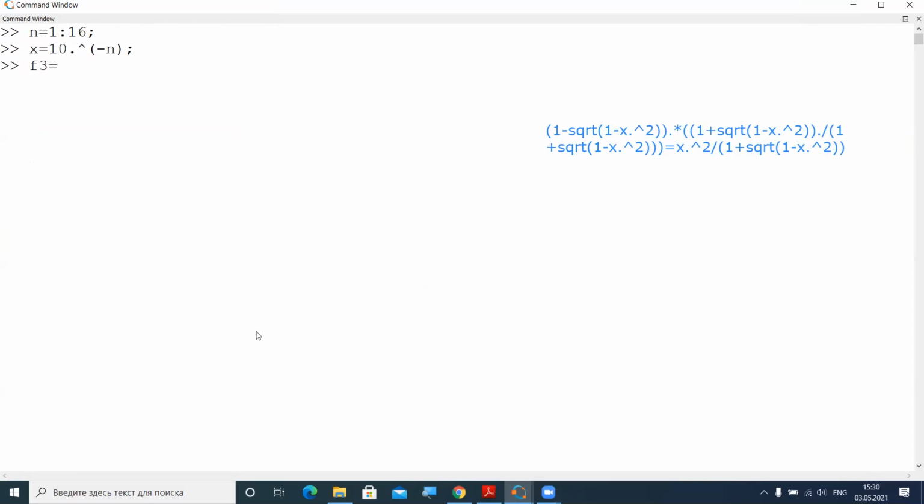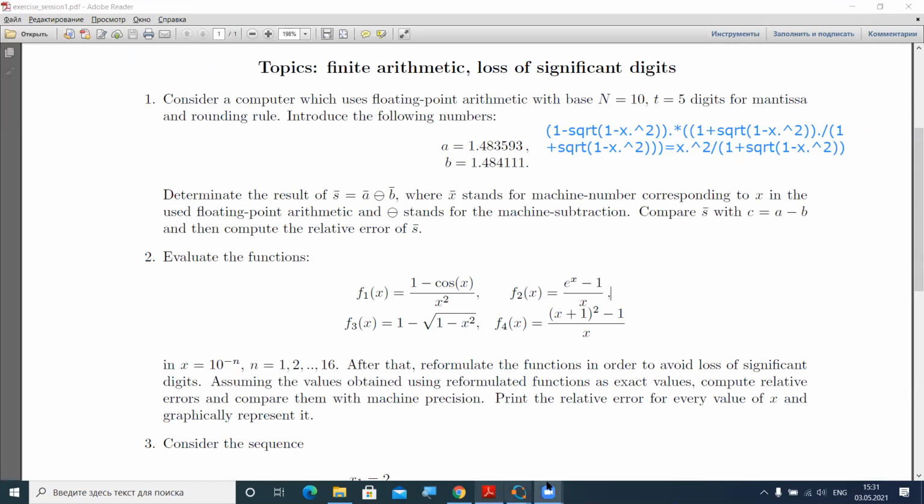Let me put it again. Here we have the exact function, this one was f3, 1 minus x squared.